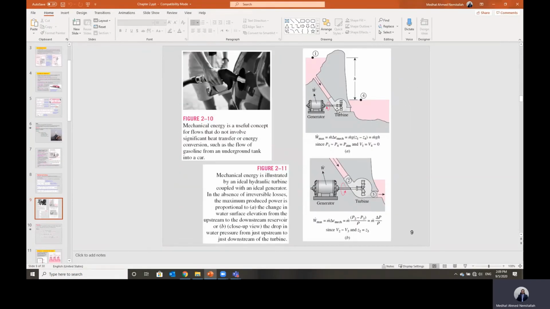Here is an example. We have a hydraulic turbine. You know the idea of the hydraulic turbine. We put a hydraulic turbine at the bottom of the dam or something. In this case, we can convert the potential energy of the fluid at the bottom of the dam, which will have high pressure flow. Then we can pass the flow through a small diameter cross-sectional area to have a velocity jet.